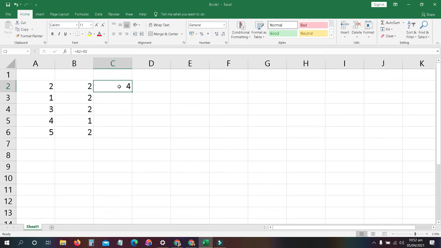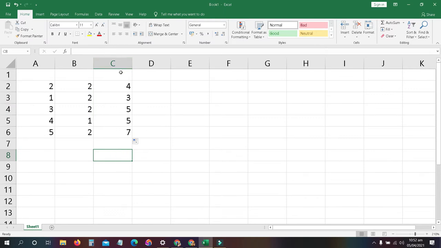You click the cell where the formula was typed, then move your mouse to the fill handle. When your cursor becomes a black plus sign, you click, hold, and drag. So that's a relative reference.